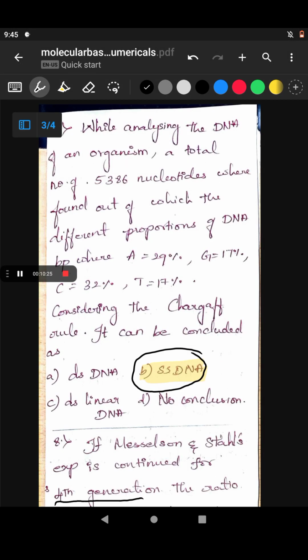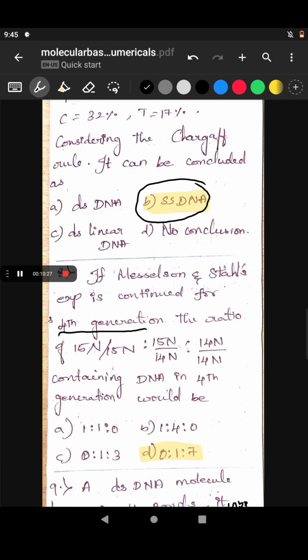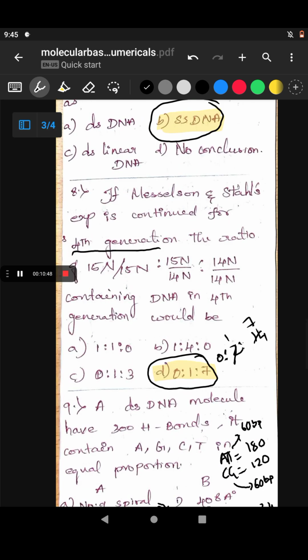So the ratio is originally 0 to 2 to 14. If you divide by the common factor 2, the final answer is 0 is to 1 is to 7.